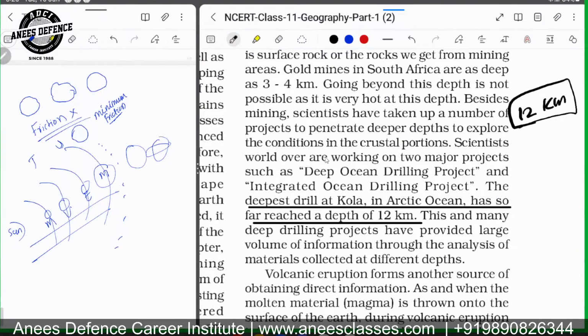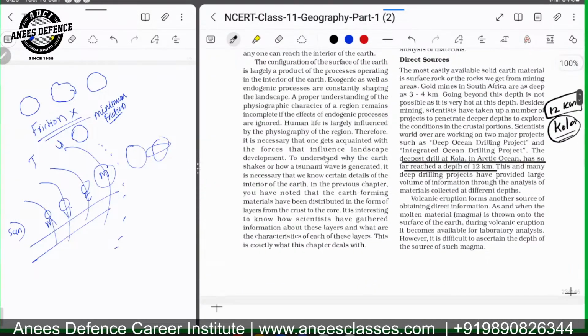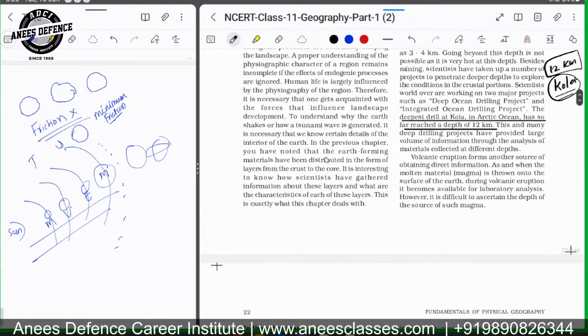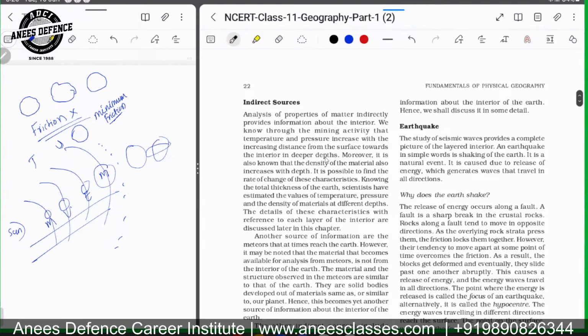You just remember this. This is near Kola in the Arctic Circle. And in the African continent, you have gold mines which can be 3 to 4 kilometers deep. So this type of questions are asked.